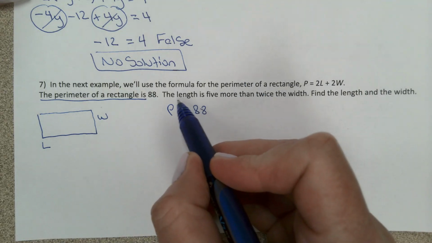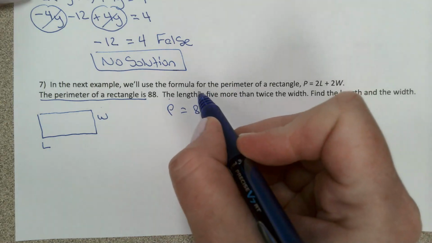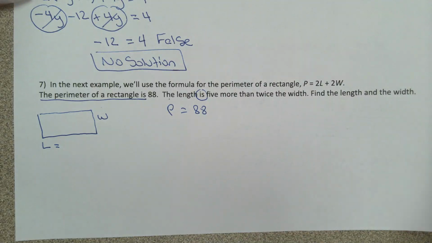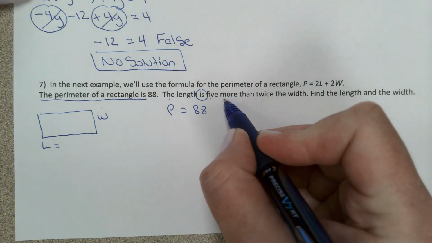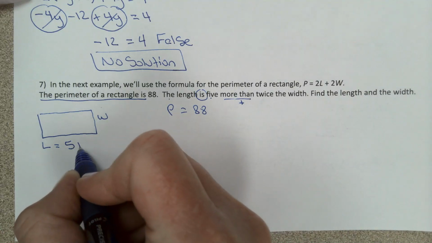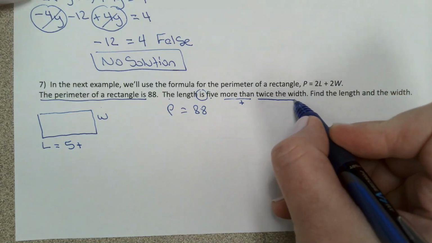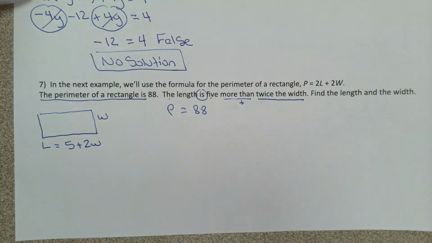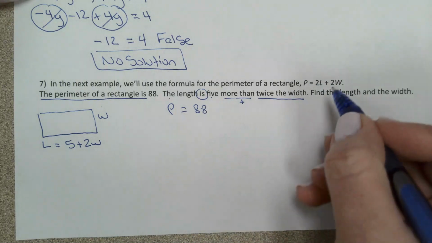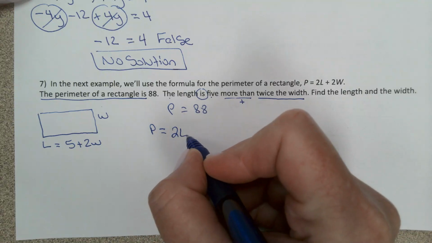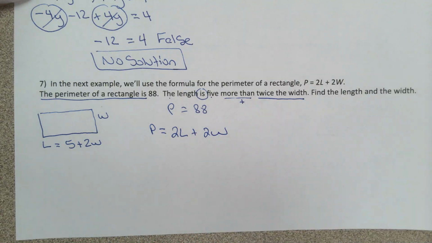This sentence says, the length is. You have to know that is means equals in math. 5 more than means add. So I have 5 plus. Twice the width, so that's multiplication. So you have 2w there. So the perimeter formula it's said to use is P equals 2L plus 2W.